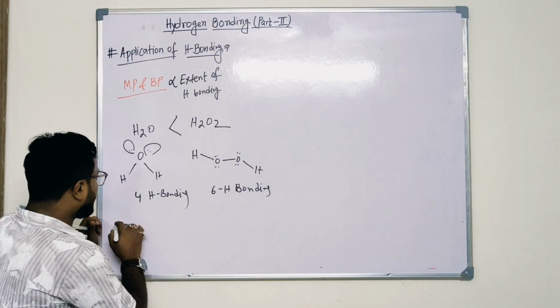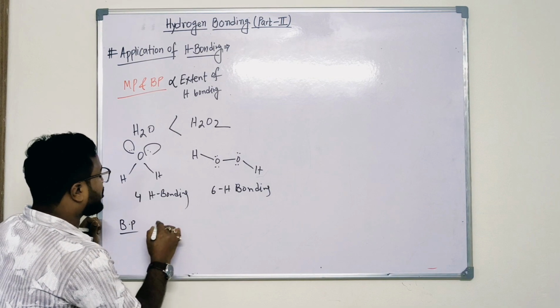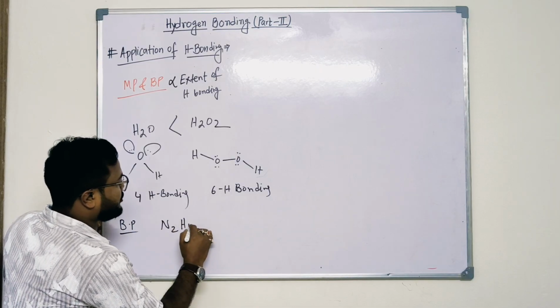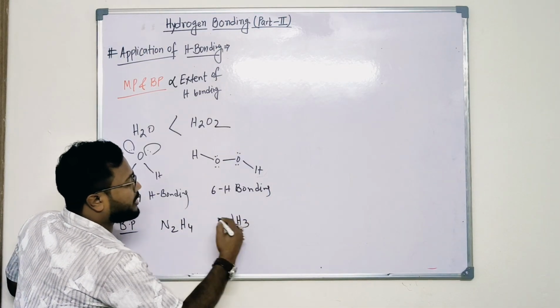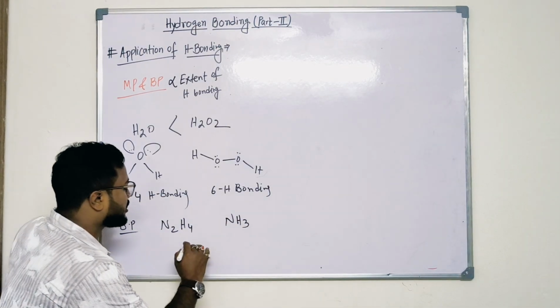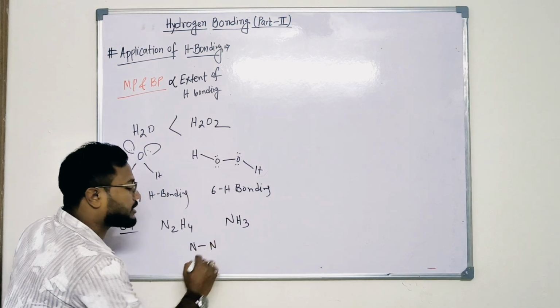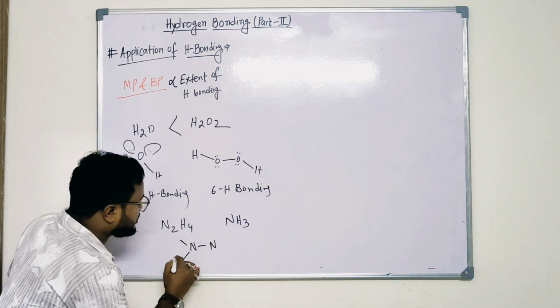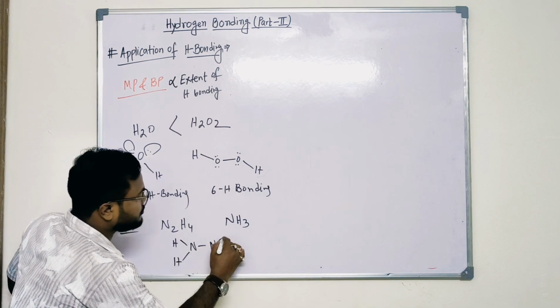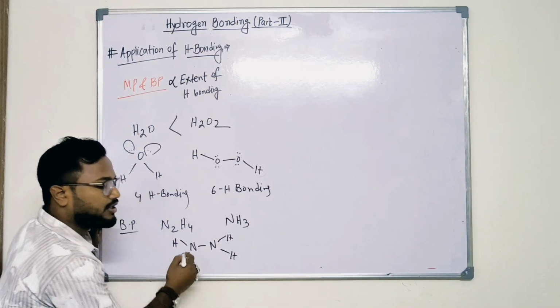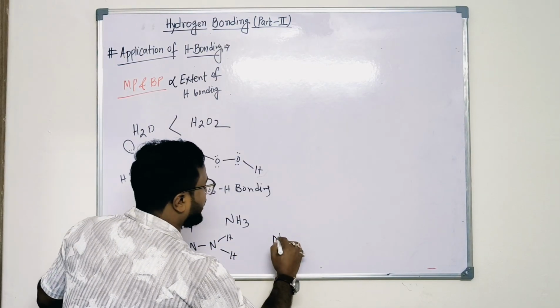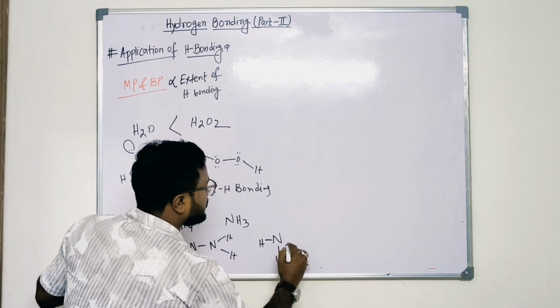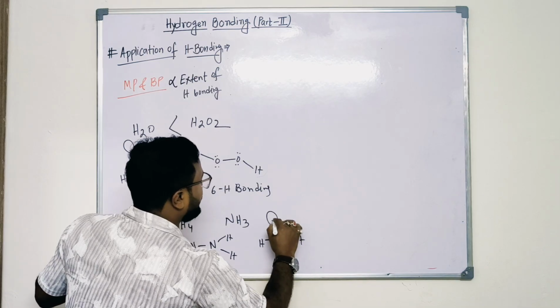Let us consider boiling point is asked for N2H4 and NH3. It is asked to compare their boiling point. Let us check N2H4: nitrogen connected to nitrogen, 2 hydrogens are there on each. For NH3, you check nitrogen connected with 3 hydrogens and 1 lone pair is there.